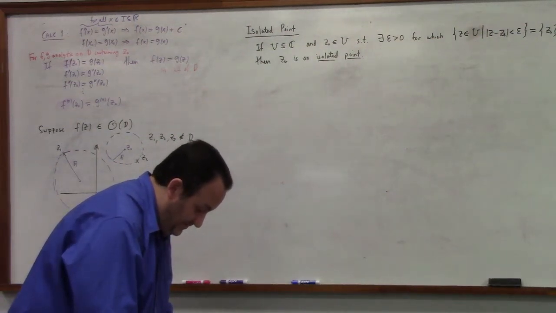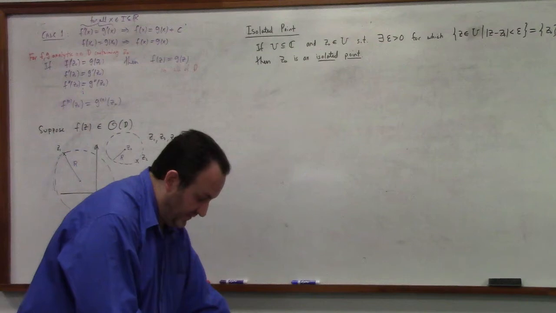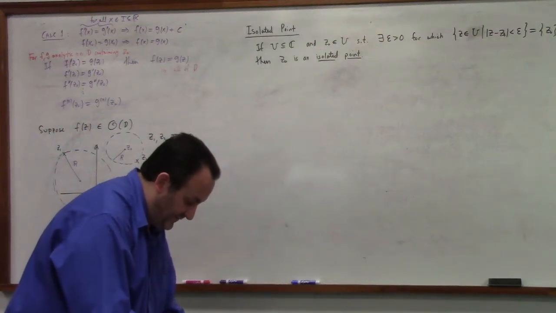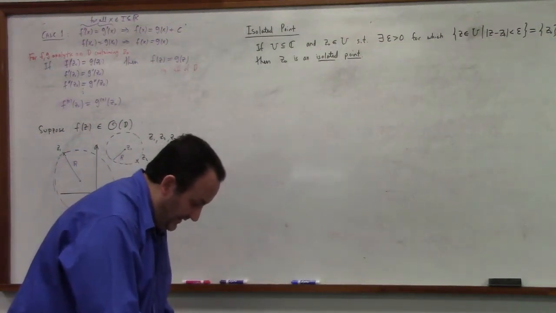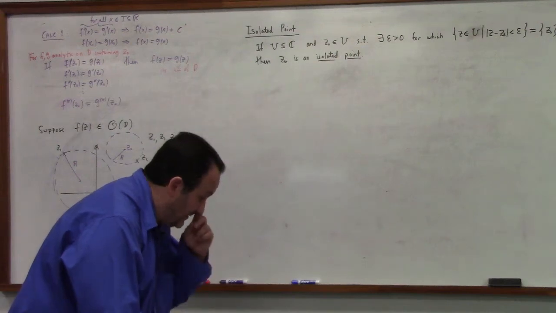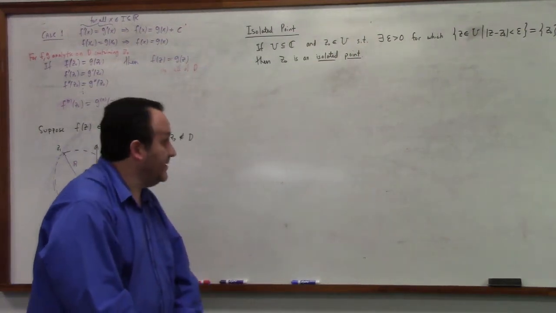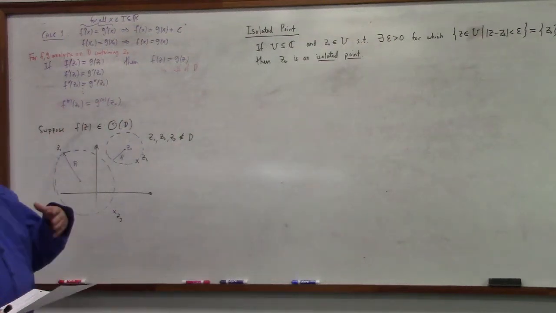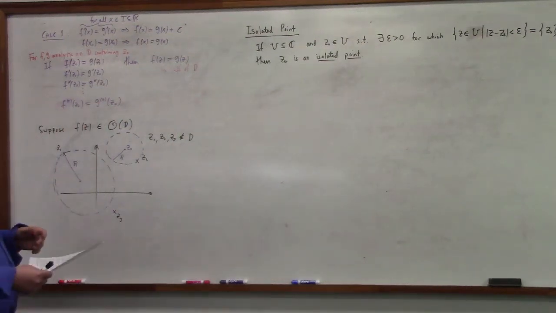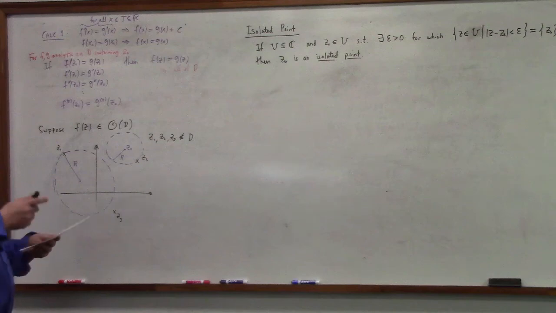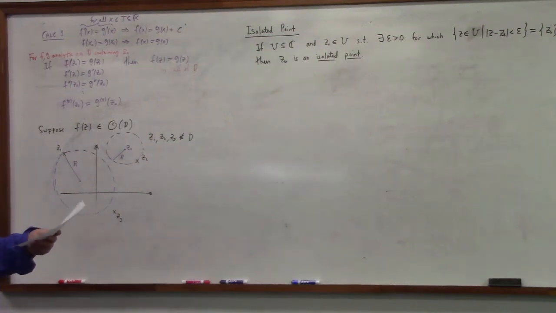I was reading through this beforehand, and I found the definition of isolated point somewhere, and now I can't find it. But I believe that this is a good enough definition. But, sorry, I'm jumping a little bit through the chapter here. I will probably have to make another lecture after this to clean it up.